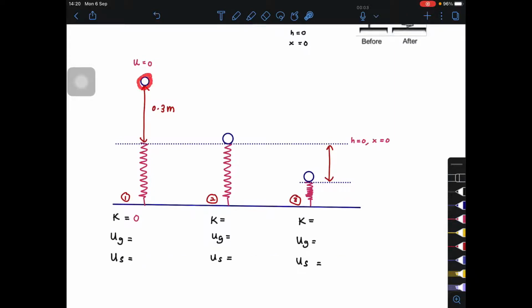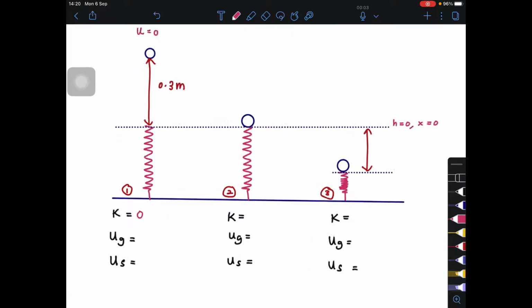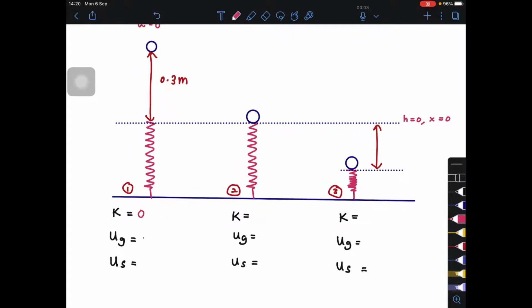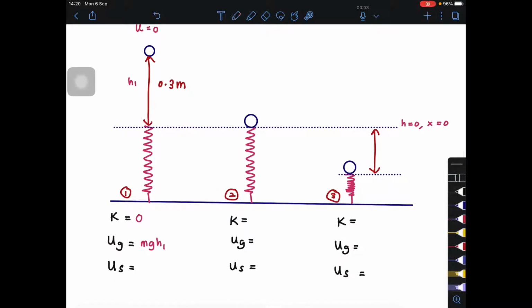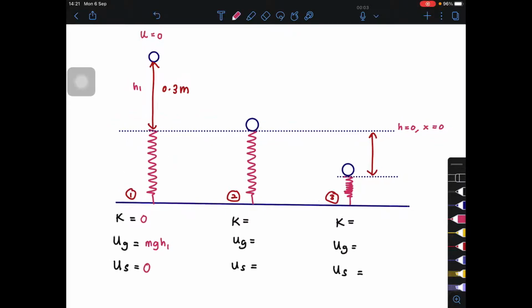So since the sphere is 0.3 from the position here, there will be a gravitational potential energy. So kita letaklah dekat sini h1. And then the spring is at the position x equal to 0. So no elastic potential energy.